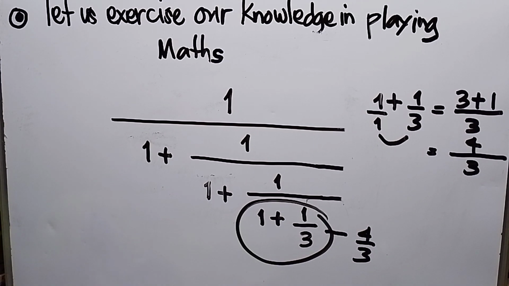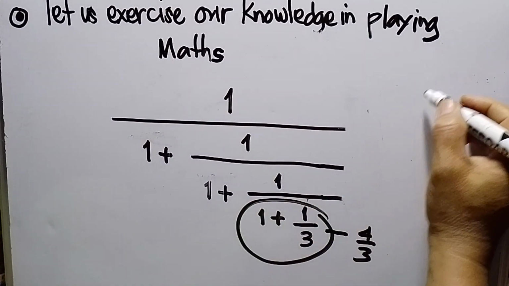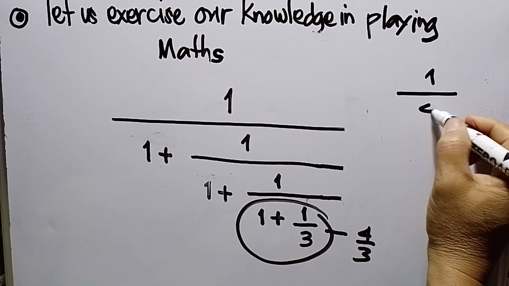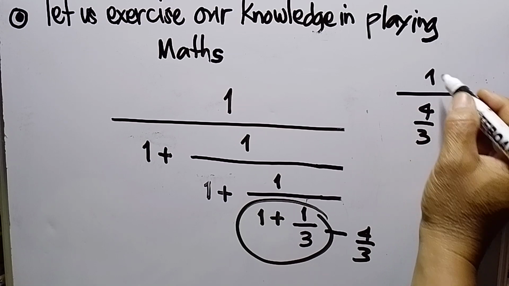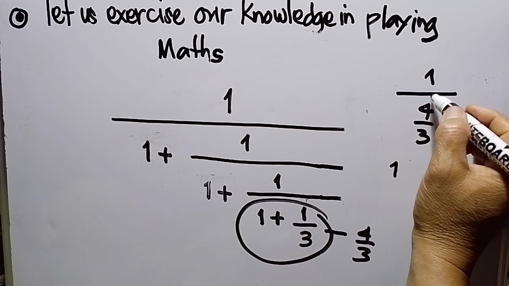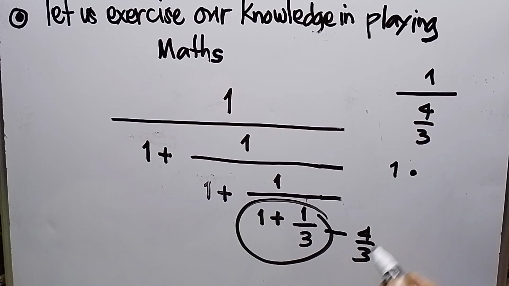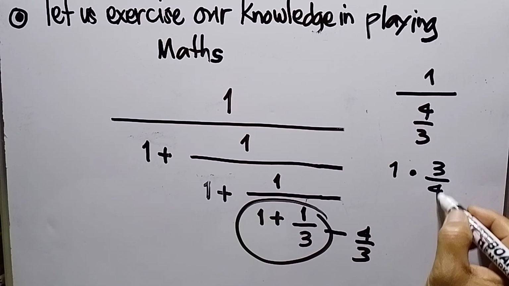Okay, and then I need to solve this one, 1 over my answer, which is 4 over 3. So 1 over 4 over 3. I need to copy my numerator, and then change this operation to multiplication, and then upside down of 4 over 3, which is 3 over 4.